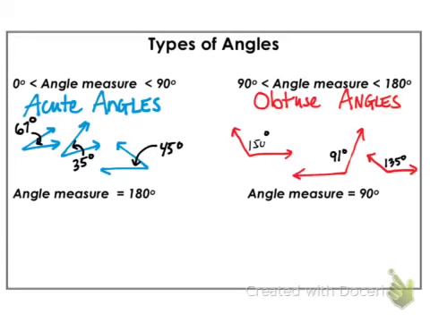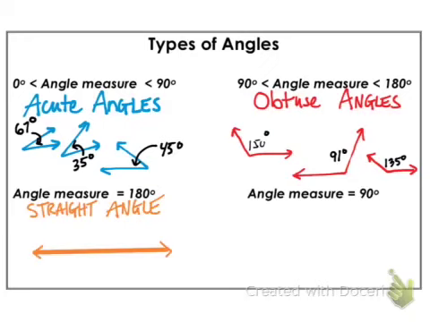And then sometimes there are angles that are exactly 180 degrees, and these angles are called straight angles. What they look like is a straight line, and if you were to measure that angle with your protractor, that's 180 degrees. Finally, an angle measurement that is exactly 90 degrees we call a right angle.